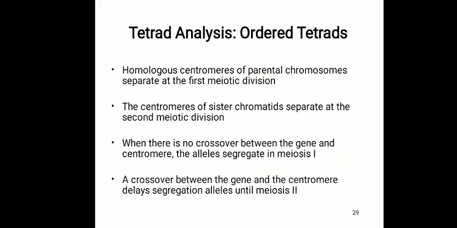Then in the next step, when there is no crossover between the genes and the centromere, the alleles segregate in meiosis first. And at the last step, a crossover between the genes and the centromere delays the segregation of alleles until meiosis second.